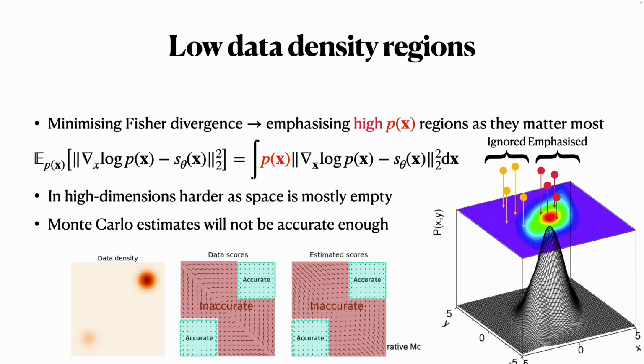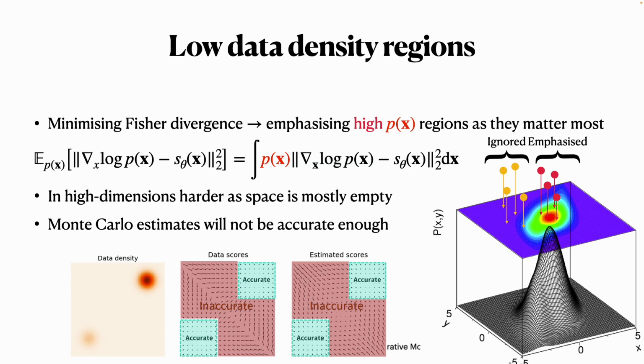Sort of. It is very local. Because we're minimizing in the end some form of Fisher divergence, we emphasize regions with high likelihood, because these are the ones that influence our loss function the most.